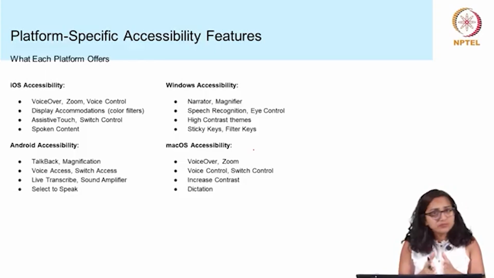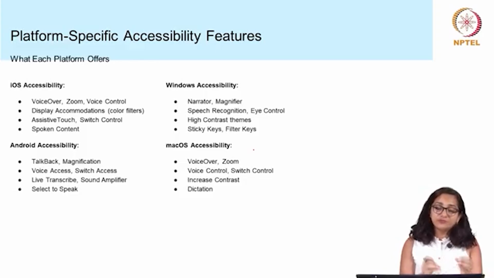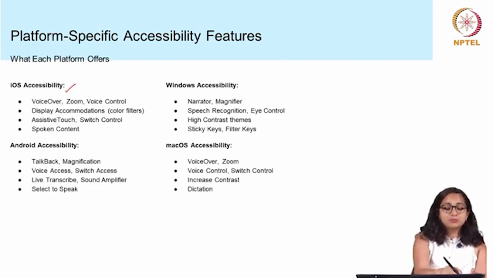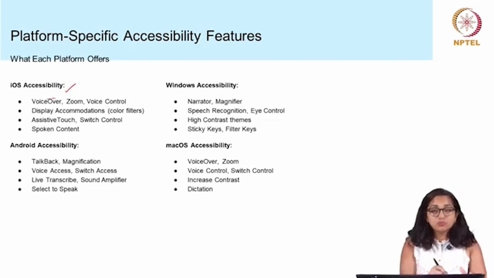accessibility features. Some of them we have already discussed when we were talking about different platform related evaluations, and what each platform enables and what the limitations of each platform are. So what each platform offers: iOS accessibility offers VoiceOver, Zoom, voice control, display accommodation.